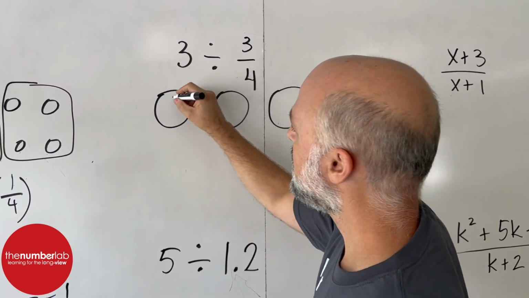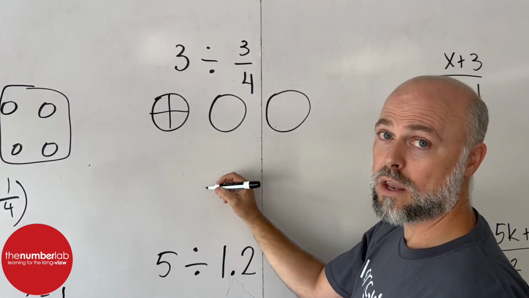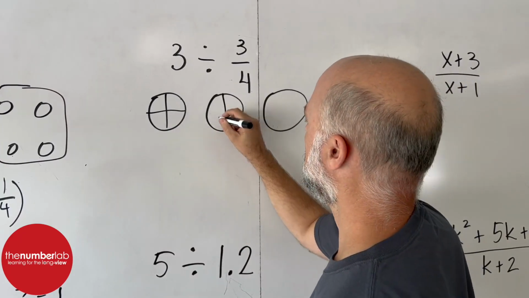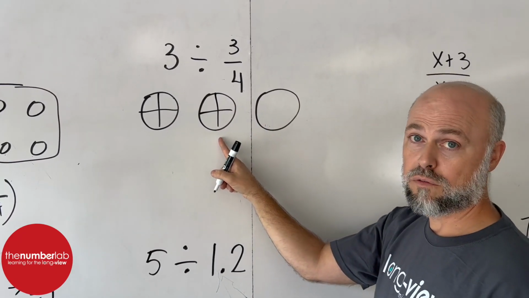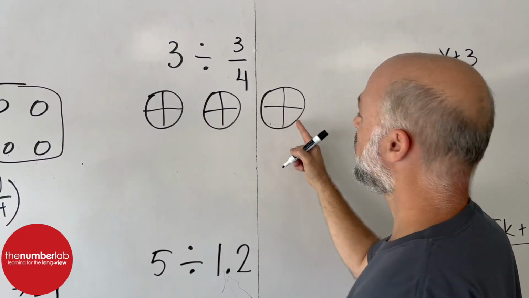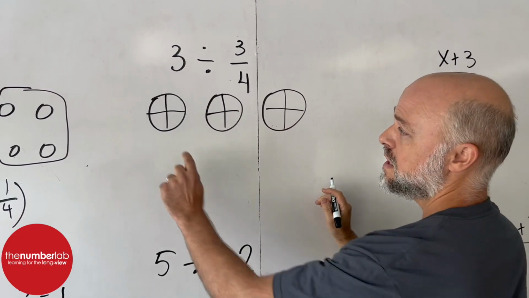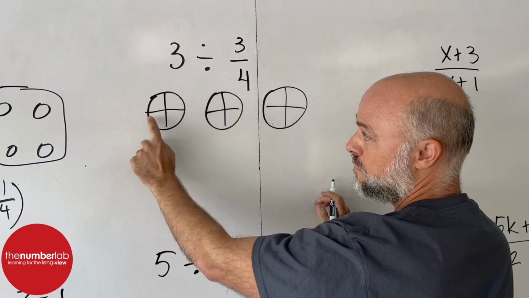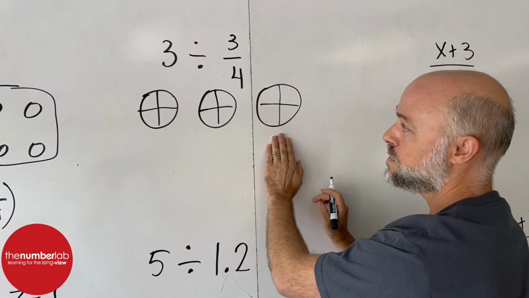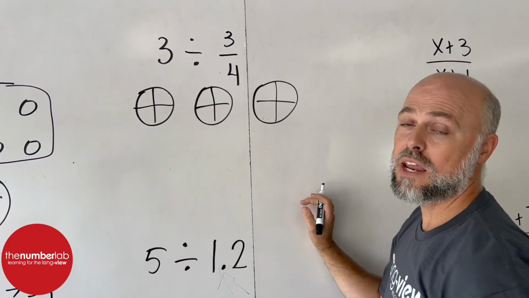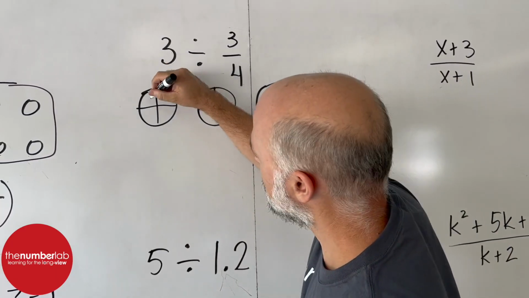This 3, there's 1, 4/4. Another 1, 4/4. Another 1, 4/4. This is 1/4 of the whole. Now I have 3 wholes, and now I can split it up into groups of 3/4. Here's a group.